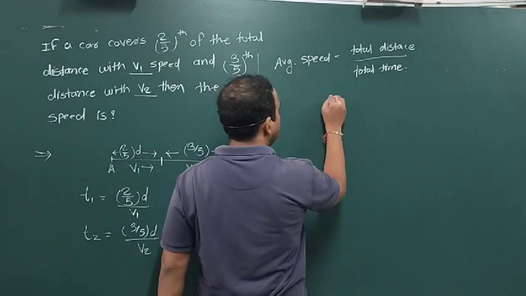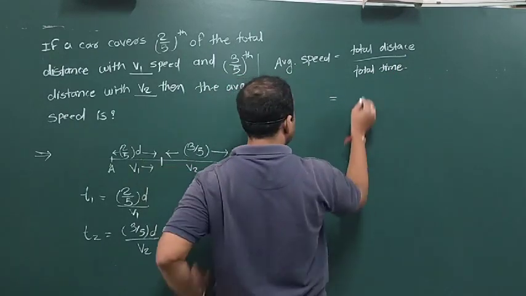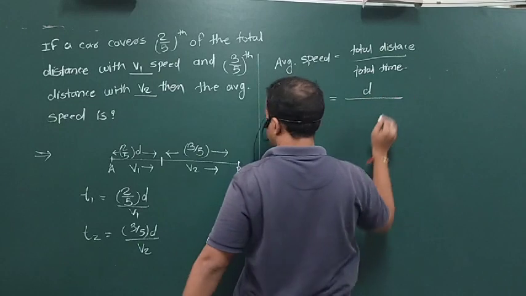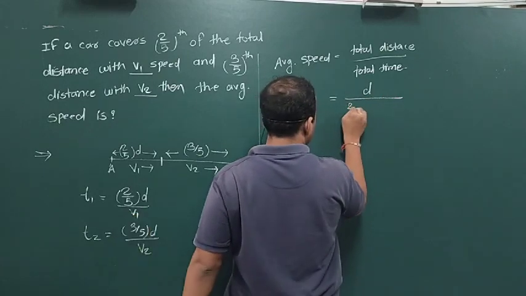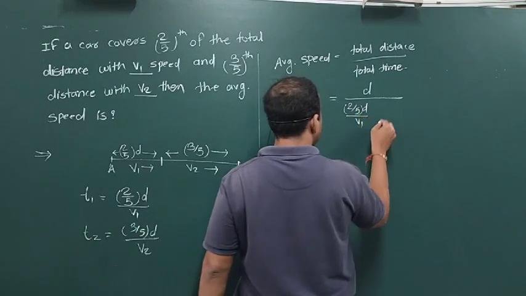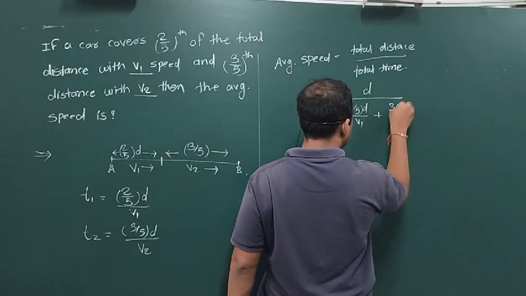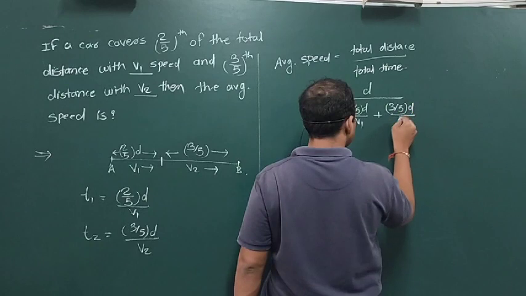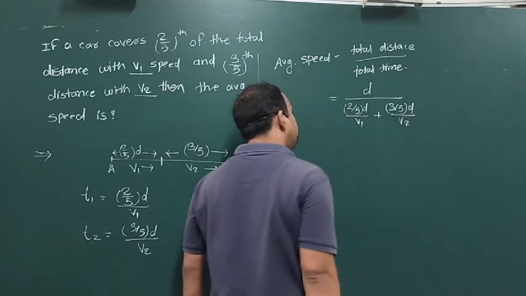So we get total distance d upon total time, 2/5 of d upon v1 plus 3/5 of d upon v2.